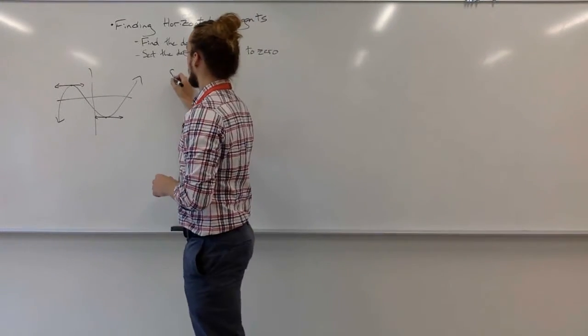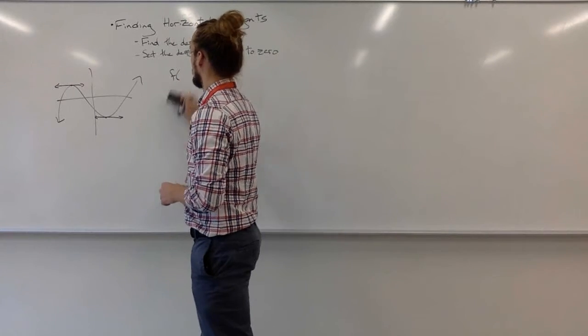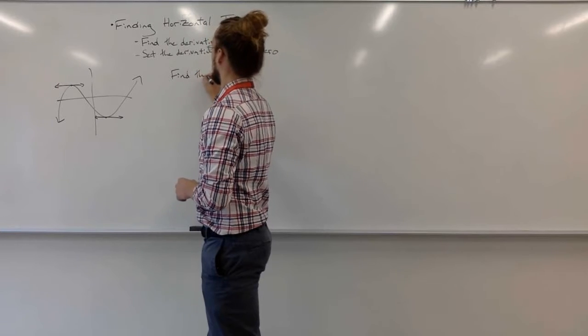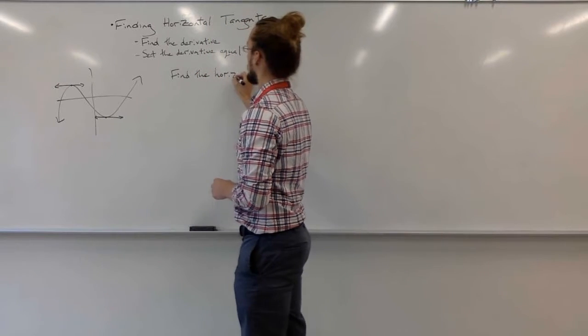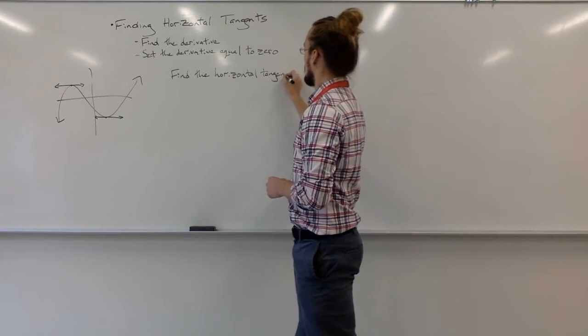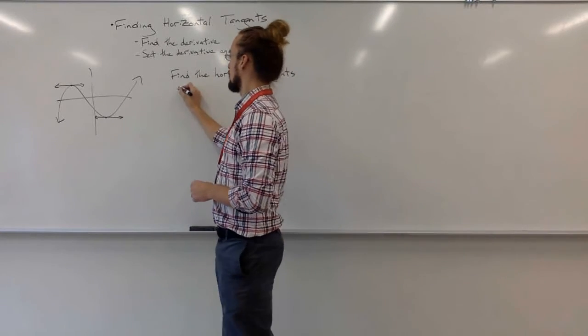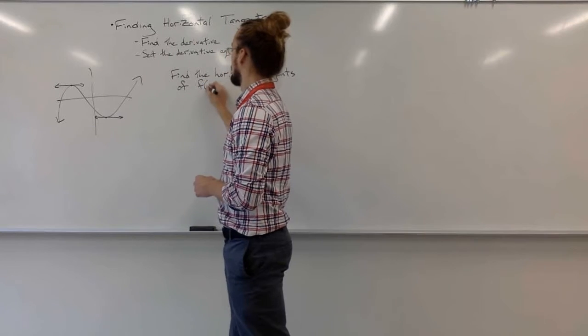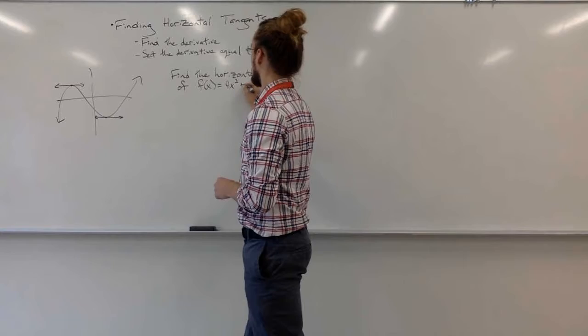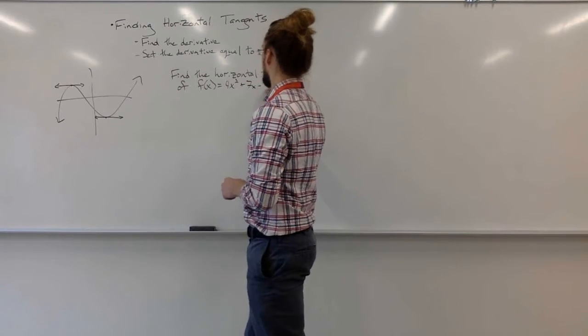So, for example, if I say find the horizontal tangents of 4x squared plus 7x minus 3.